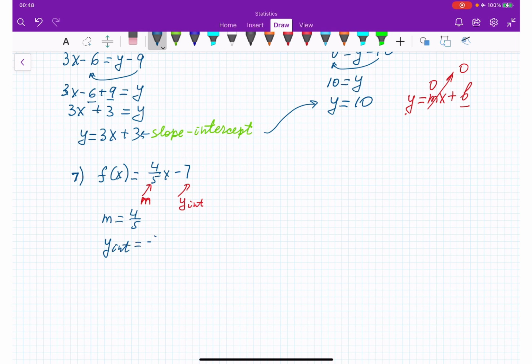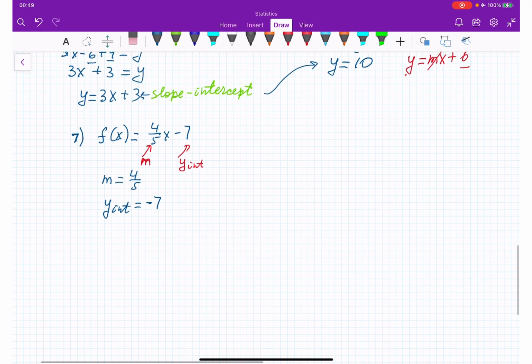It's going to be equal to negative 7. Okay, now we need to build the graph. Let's see, they want us to build this graph. How are we going to build the graph based on the given equation with the method of slope-intercept? Okay, we can do it. It's not a big deal. Let's do it and show that we know how to do that.